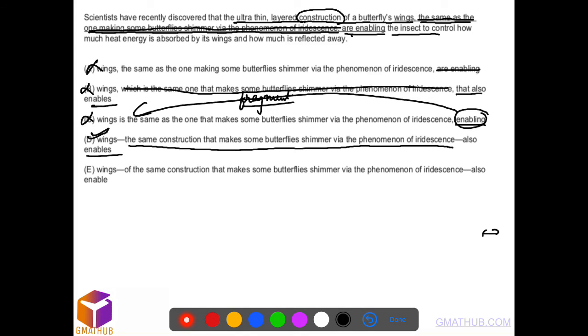This is the right usage. Wings of the same construction that makes butterflies shimmer, of the same construction, is totally wrong, it doesn't make any sense. This is out. So D is the right usage.